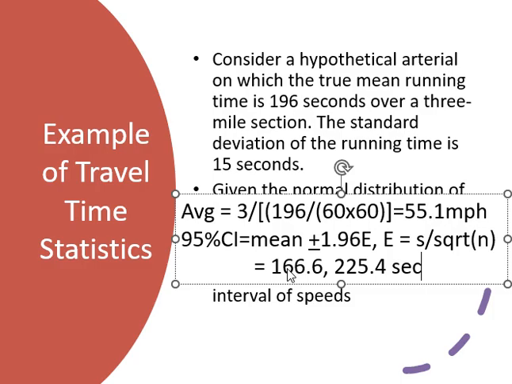Any problem here? This is clear? Okay. Now I'll go back to this equation. I replace 1.96 once with this one, then with this one. I'll get the 95% confidence level of speed.